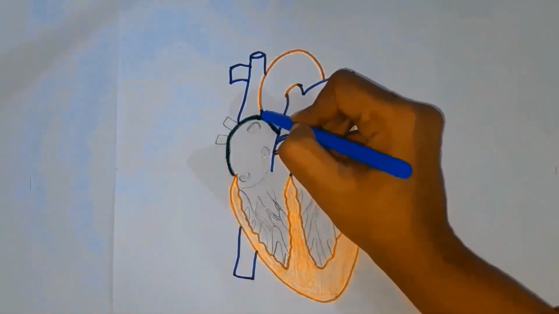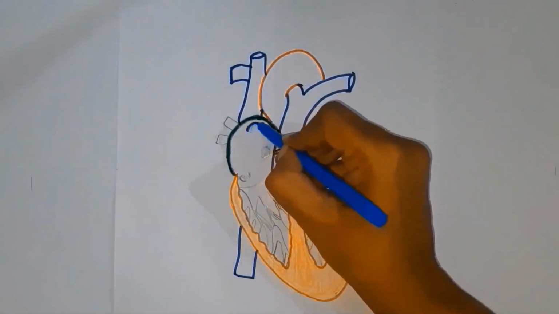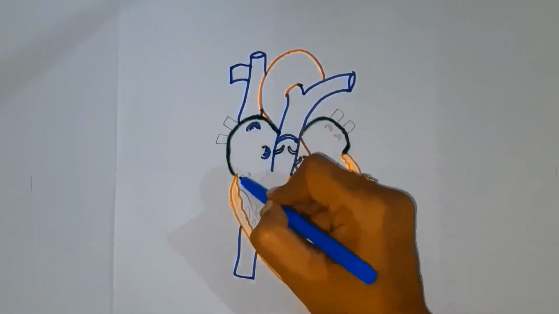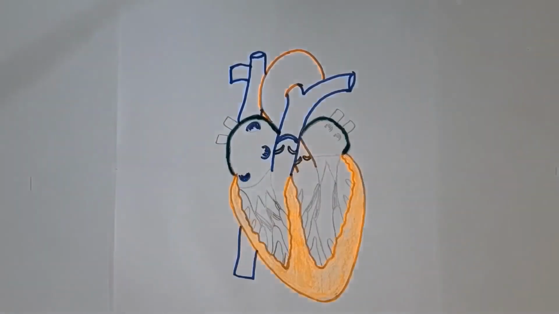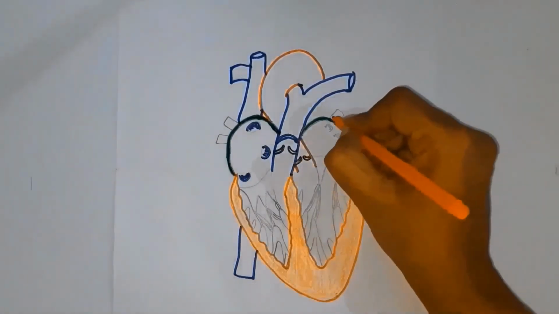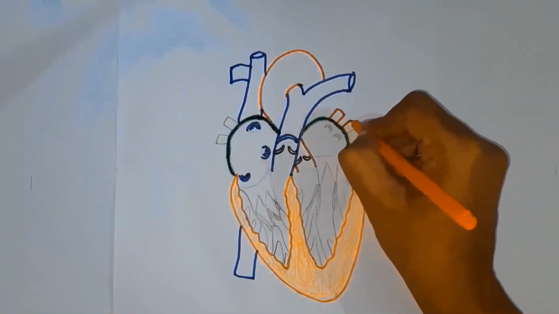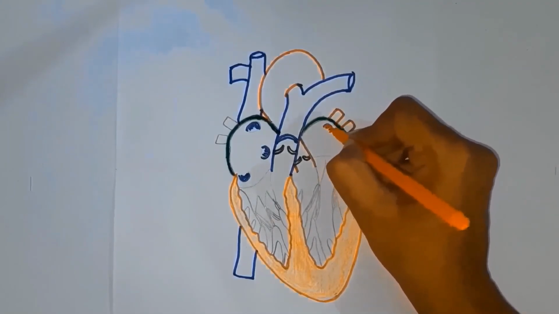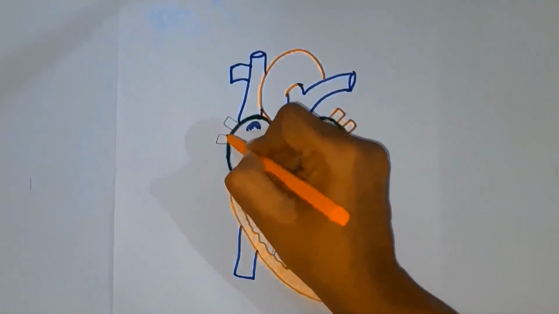As they bring deoxygenated blood into right atrium, they are colored with blue pen. Two pairs of pulmonary veins carry oxygenated blood. So using red color.